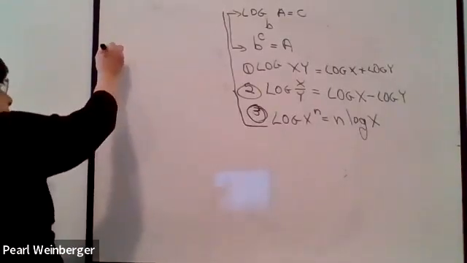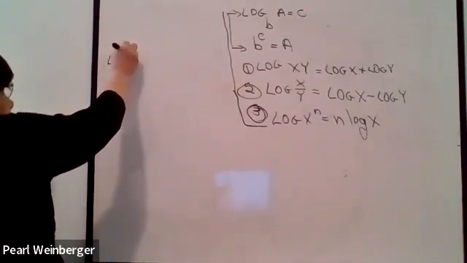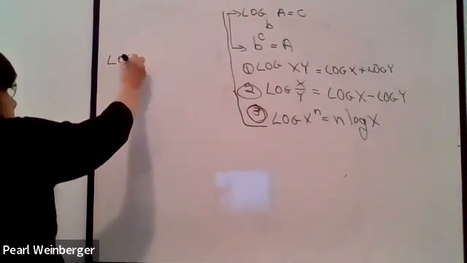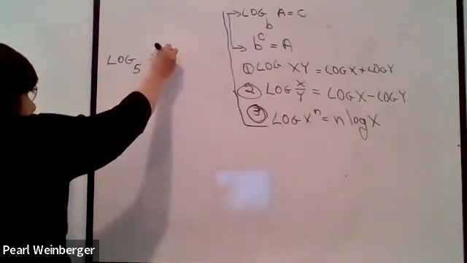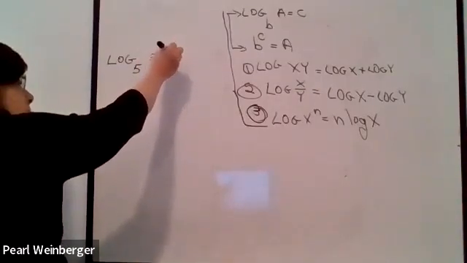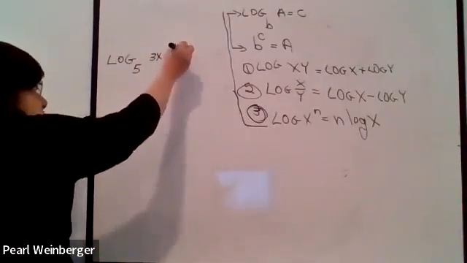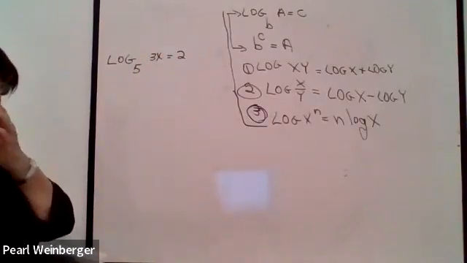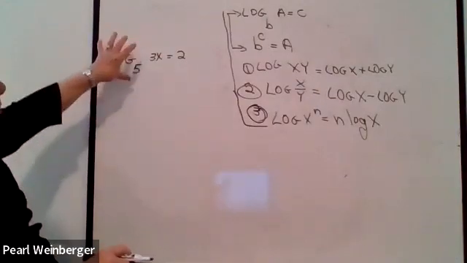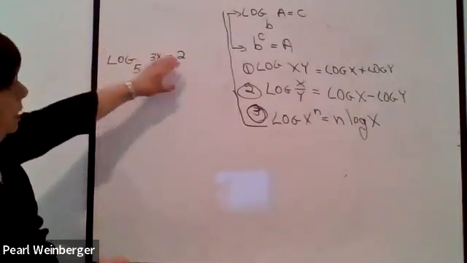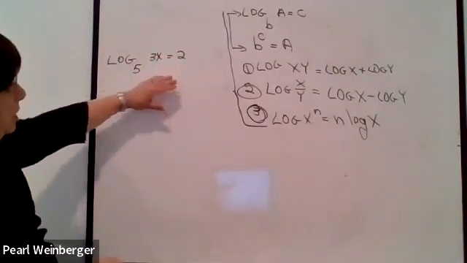So let's say I have an equation that looks like this. Log base 5 of 3x equals 2. Where we have a log on one side and a number on the other side.